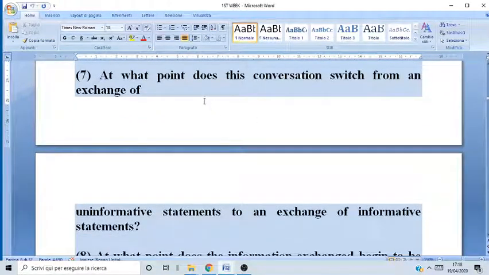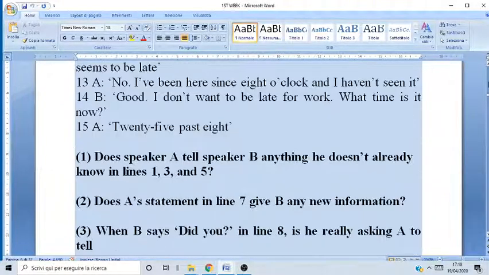Number 7. At what point does this conversation switch from an exchange of uninformative statements to an exchange of informative statements? I'll just scroll through the whole text, and you have to find the point where this conversation goes from just uninformative talk, chit-chat, to an exchange of needful information.